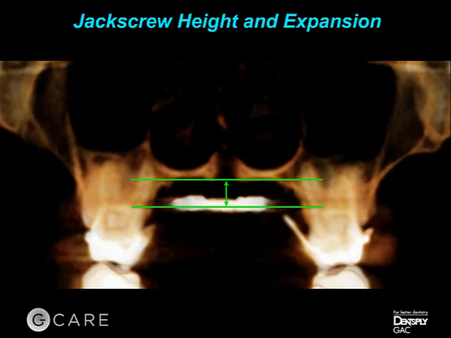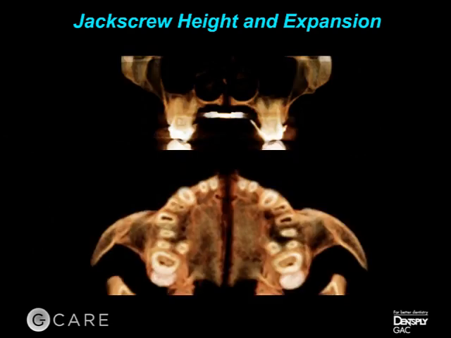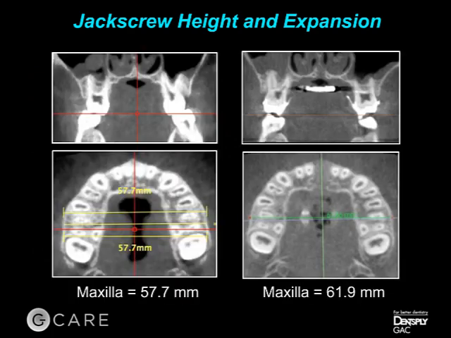So now this is a 13-year-old boy with a tooth-borne expander that, with conventional thoughts, you would expect to have a lot of dental tipping and not a lot of sutural change. However, if you look at the image, you can see there was plenty of sutural split, and his pre-treatment measure was around 58 millimeters, and his post-expansion measurement was around 62.